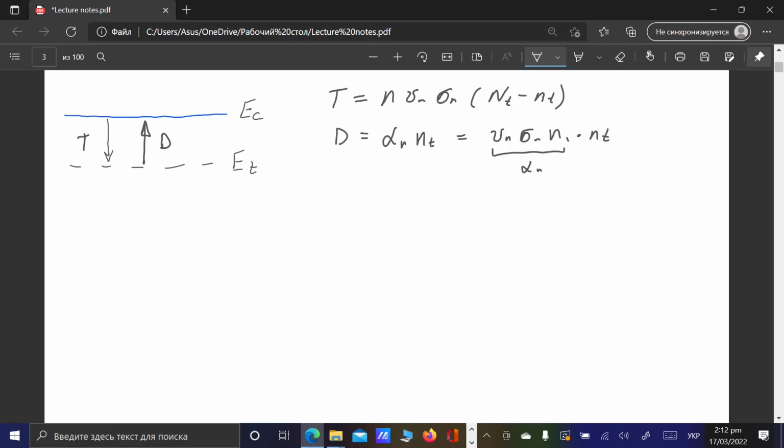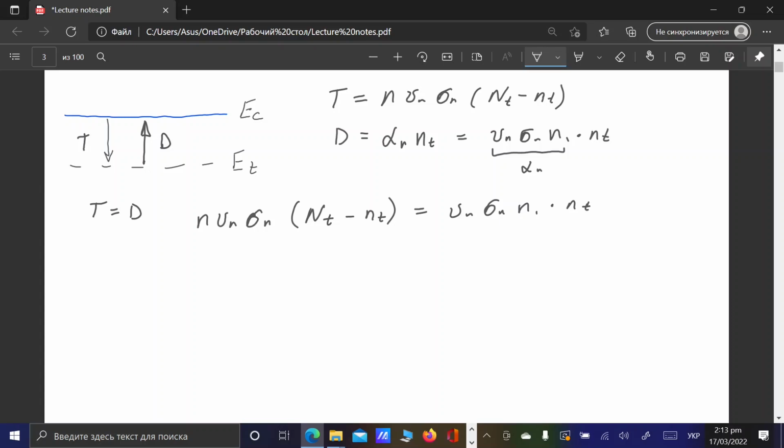it reaches some thermal equilibrium, this system, we will get T equal to D, means trapping rate will be equal to detrapping rate. So we can write that N times Vn times sigma n times (Nt minus nt small) should be equal to Vn sigma n N1 times nt.